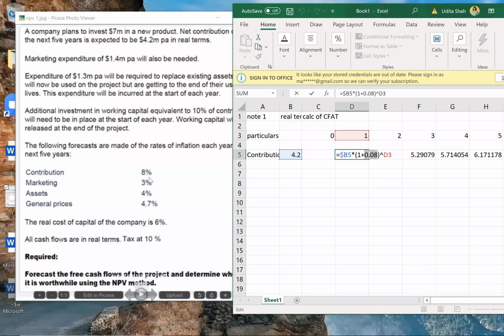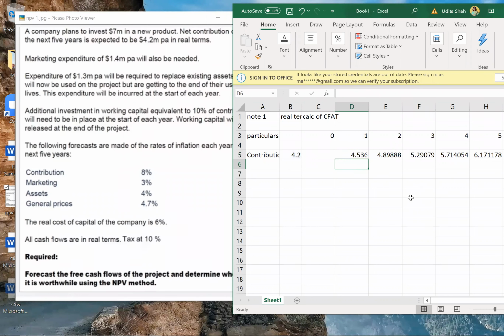I only want for contribution. So contribution inflation rate is 8%. So 1 plus 0.08 raised to 1. But I want this 4.2 to be constant, so I put a dollar sign over here. And then I'll just drag it, so I'll get all years. So that is my contribution. Okay, so contribution is done.